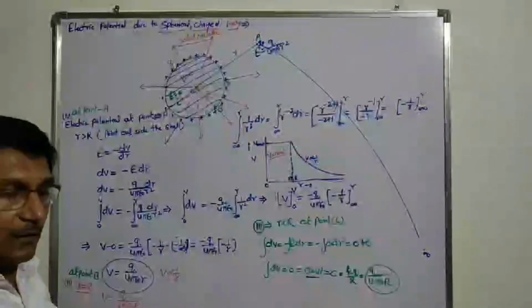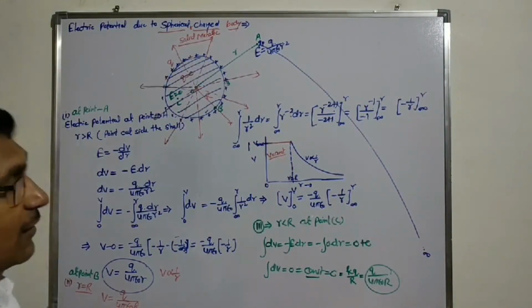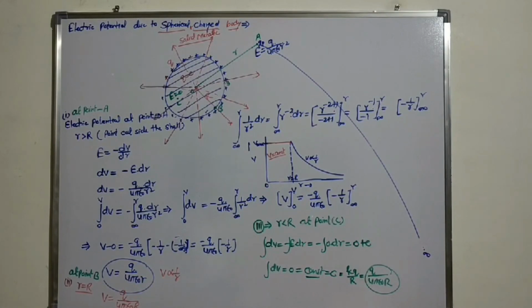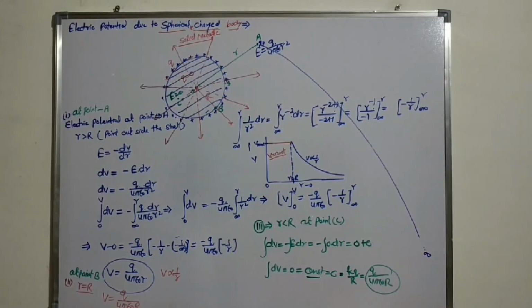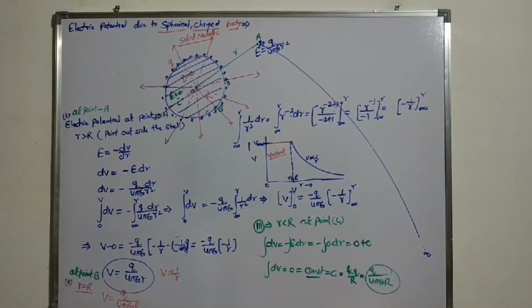That's why at equilibrium the total charge is situated outside the sphere, and the net charge inside the spherical body is 0. That's why the net electric field inside the sphere is 0. Then the whole expression for the solid metallic sphere is similar to this, and the graph is also equivalent to the previous condition.